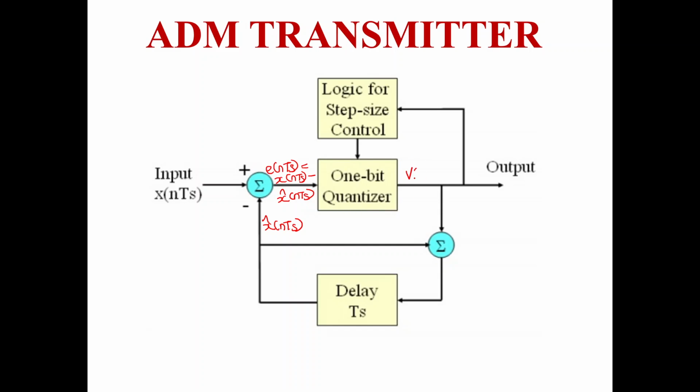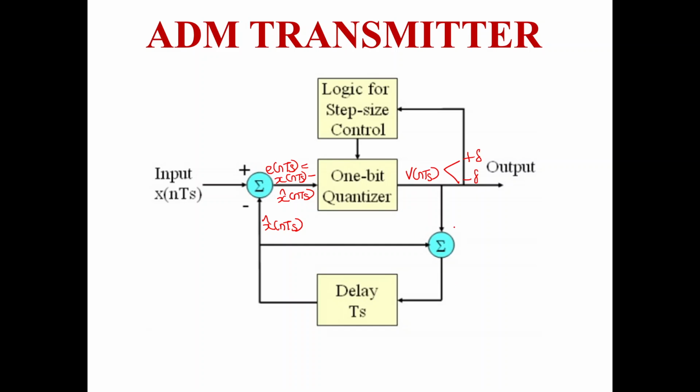The quantizer generates v of nTs. So v of nTs is either plus delta or minus delta. When x of t is greater than u of t, it is plus delta. When x of t is less than u of t, it is minus delta. This is applied to an accumulator block.